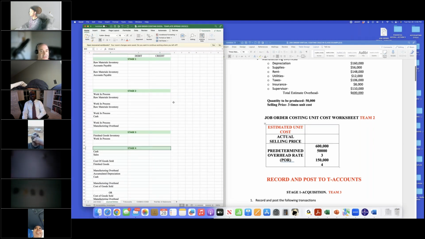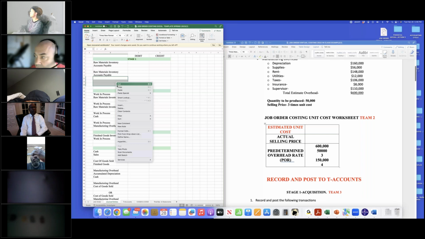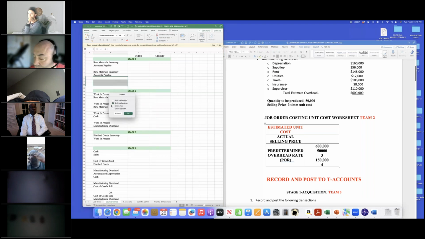So we're going to multiply that times our total hours, or what we think our hours are, 152,000 hours. So we're going to take our predetermined overhead rate times the actual labor hours it takes to make our work. So that's going to be for the journal entry.